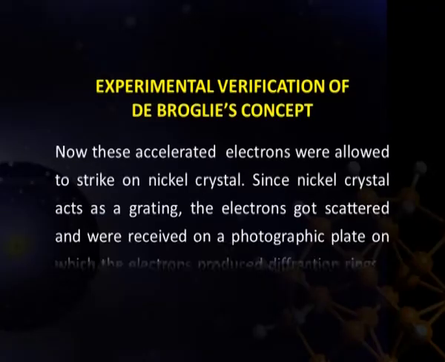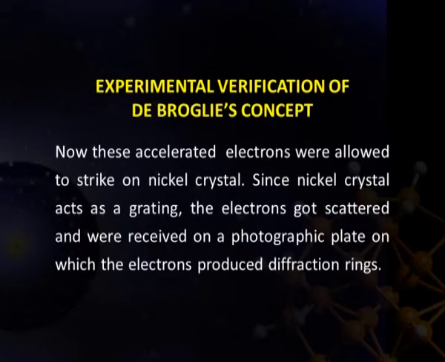In 1927, Davisson and Germer performed an experiment. They emitted electrons from a hot tungsten filament, which were accelerated by a potential ranging from 40 to 68 volt. These accelerated electrons were allowed to strike a nickel crystal.